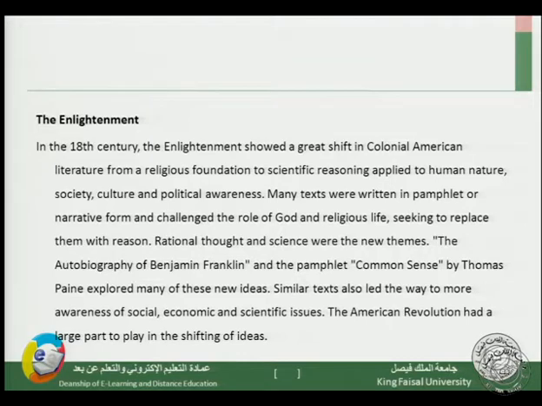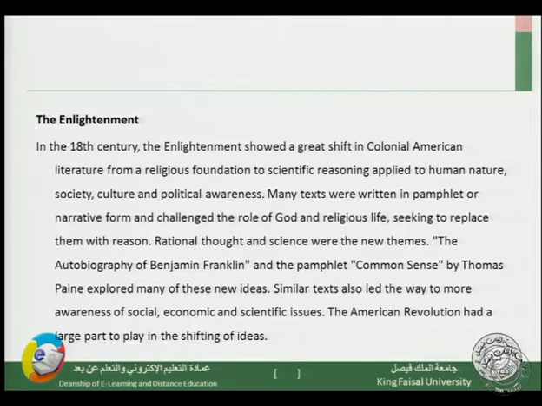The Enlightenment movement challenged the religious foundation, and moved people from being very much attached and geared towards religion, and judging on things through religion, towards scientific reasoning, and applying scientific reasoning to human nature, to human society, to human culture, and political awareness.